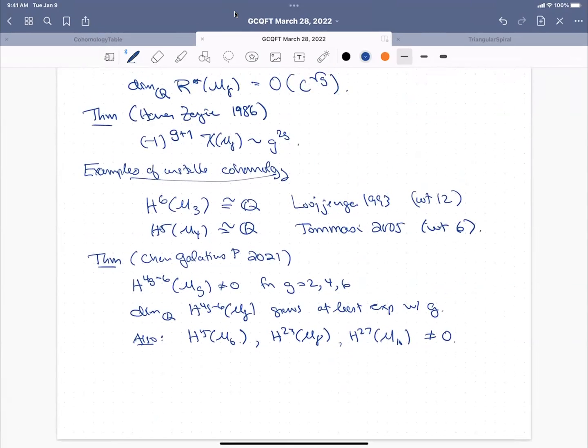So to prove non-vanishing results, or to prove exponential growth, it's enough to show that that's true for one graded piece of the weight filtration. And that's exactly what we did.